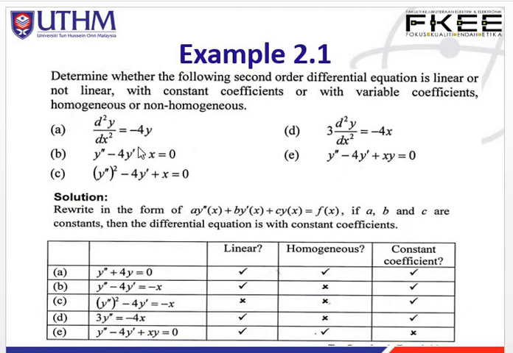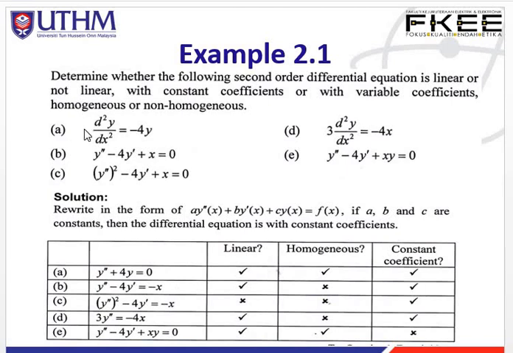Before we solve this question, we need to write it in the linear form: ay double prime plus by prime plus cy equals f(x). So we need to convert this equation into this form.